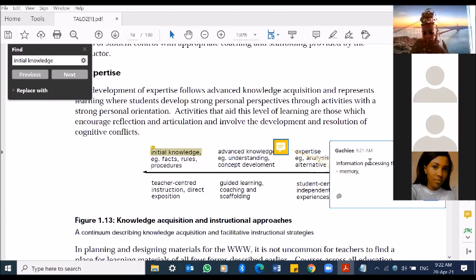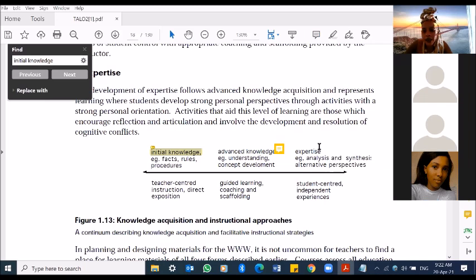So I will use the information processing, the one that we have seen here, whereby they will be able to organize new information, link new information to the existing one. So they have a basic understanding of what they are doing. And then here we have the expertise, they are truly advanced. I will use the constructivism.